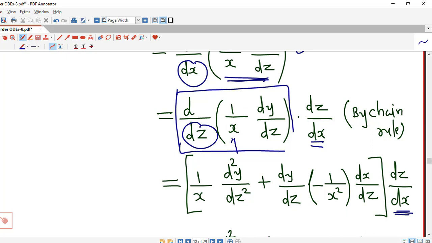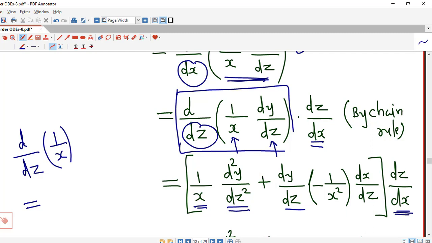First we keep 1 by x as it is. The derivative of dy by dz with respect to z is d square y by dz square, plus dy by dz as it is, and d by dz of 1 by x. Here we are differentiating with respect to z, but x is a function of z. So first we apply the chain rule.